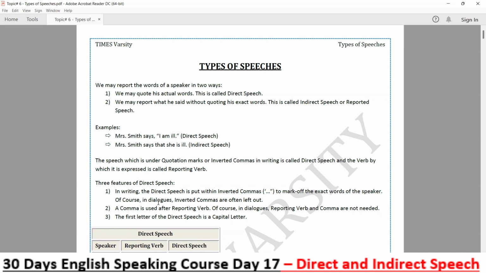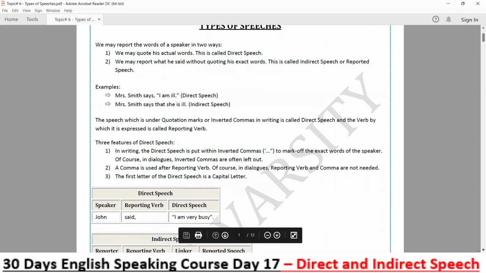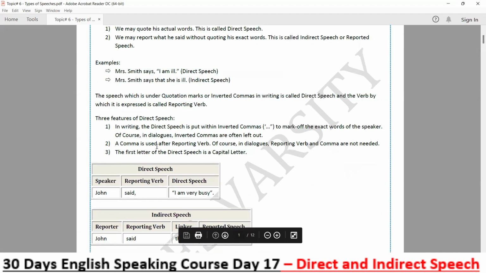Of course, in dialogues, inverted commas are often left out. A comma is used after a reporting verb. Of course, in dialogues, the reporting verb and comma are not needed. The first letter of direct speech is a capital letter.